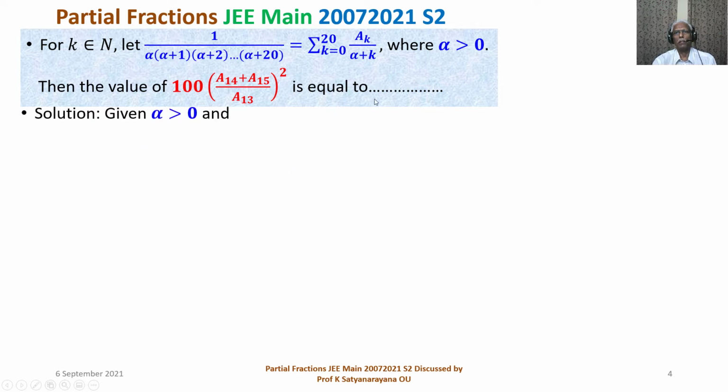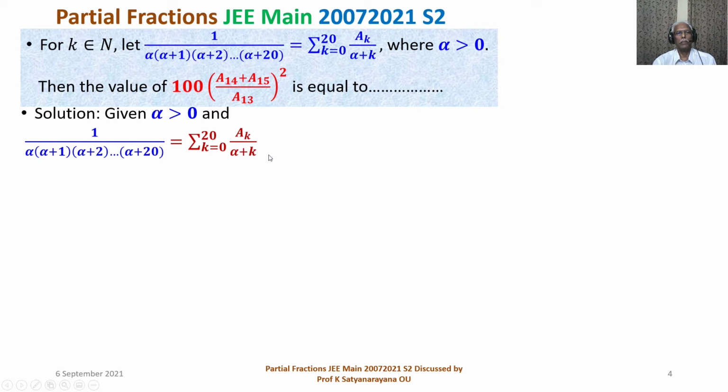Solution. Given alpha greater than 0, we have 1 by alpha into alpha plus 1 into alpha plus 2 into ... into alpha plus 20, written as a sum of partial fractions: sigma k is equal to 0 to 20 of capital A suffix k by alpha plus k.